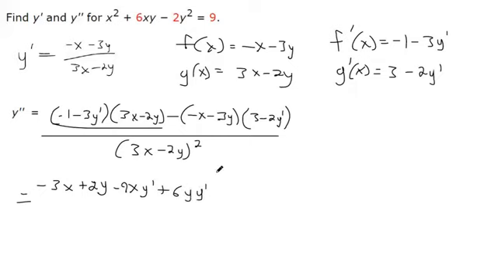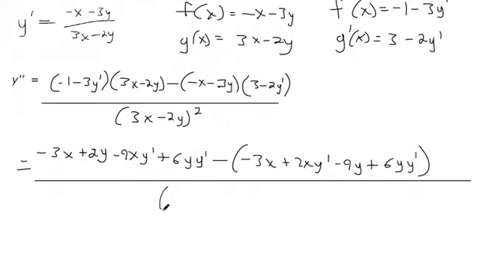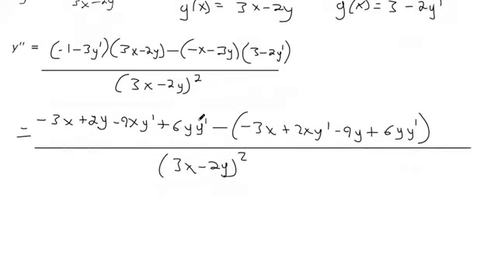And then I multiply those two together. I've got to watch this minus sign because that's got to distribute to whatever this result is. That's -3x plus 2xy prime minus 9y plus 6y prime. That's all over 3x minus 2y squared. So you've got a minus sign in front of parentheses. You can distribute that.